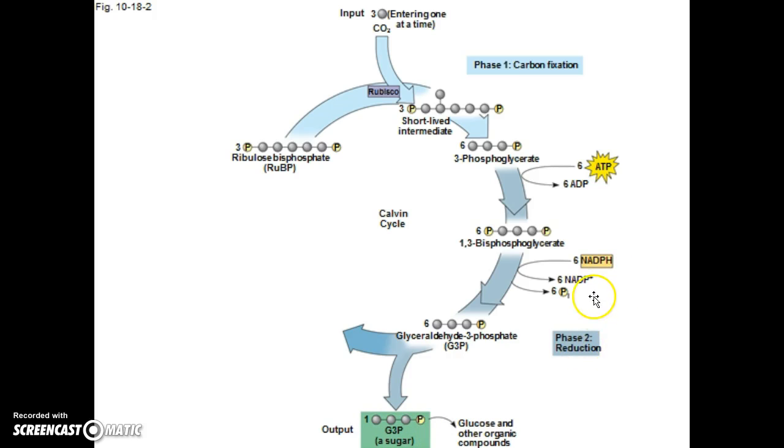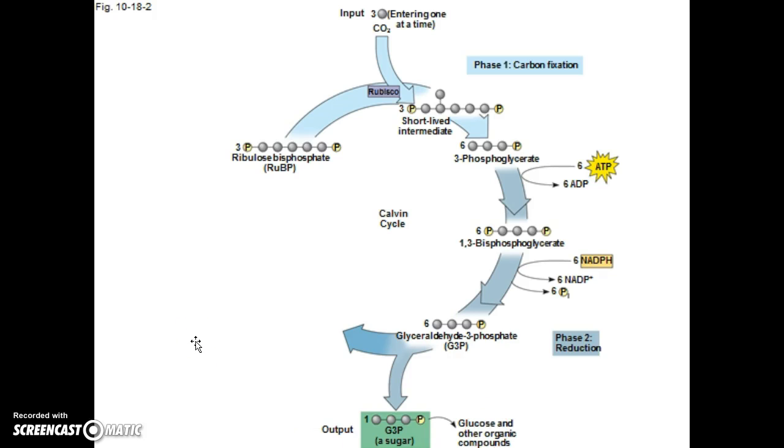So we're reducing them, we're donating some electrons, and with those also some hydrogens. We can also see the phosphates on the left side being removed as we proceed through here, forming G3P, which is actually a sugar, and this is the sugar that will come out as we go through this process. And it will take several of these to combine together to form glucose.